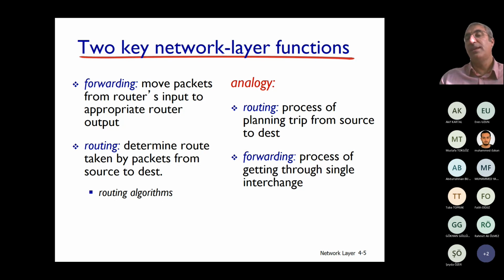So you can think of forwarding as a function that happens within a router. On the other hand, routing determines the route taken by the packets from source to destination.